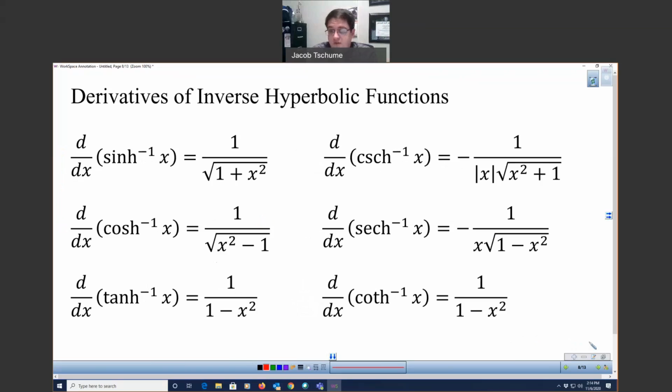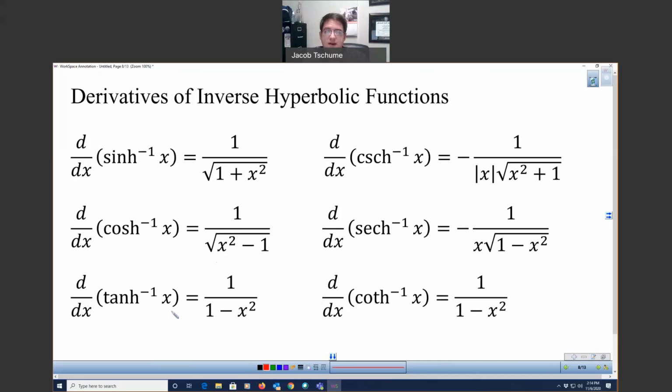So once again, we'll do the 3 on the left first. The derivative of hyperbolic inverse sine, it's a mouthful, is going to end up being 1 over the square root of 1 plus x squared. The derivative of the inverse hyperbolic cosine function is going to be 1 over the square root of x squared minus 1.